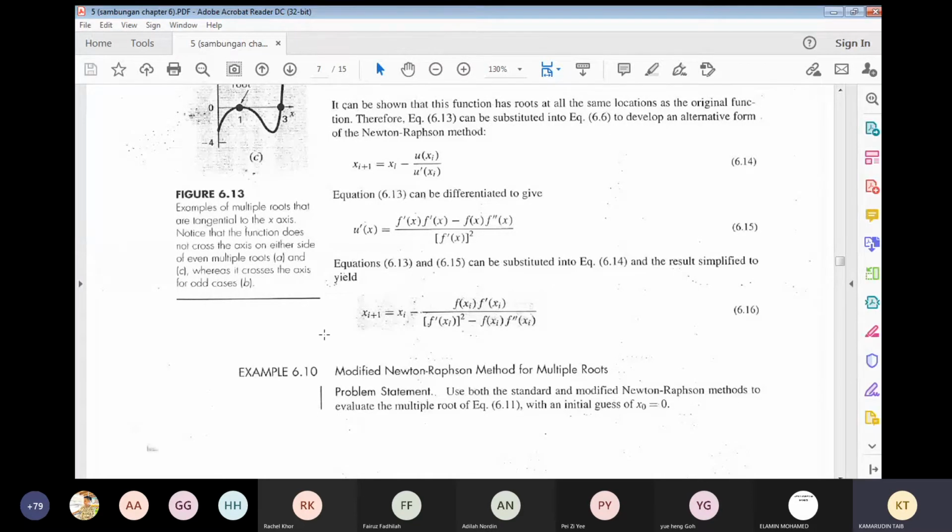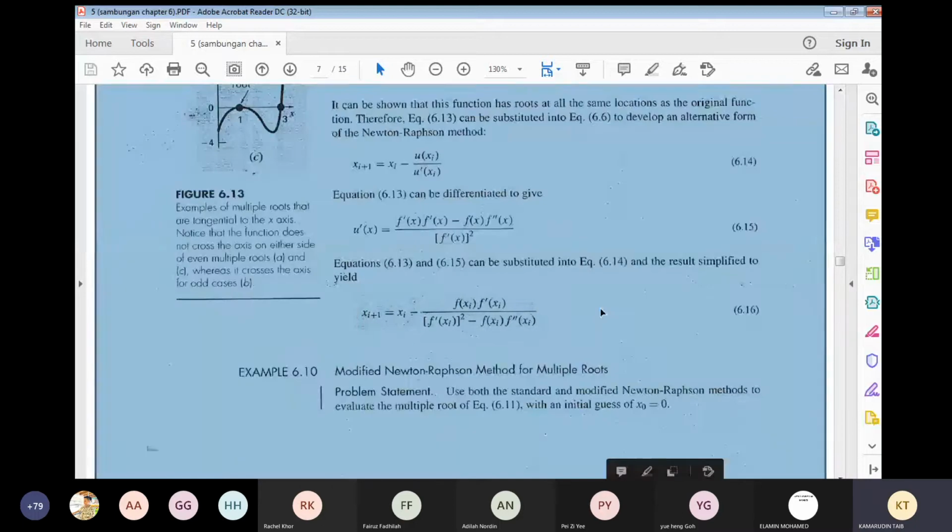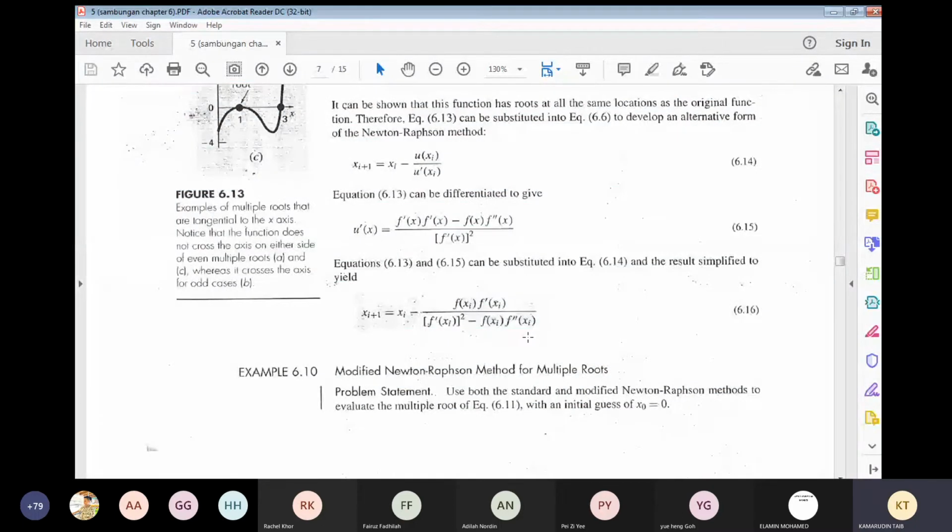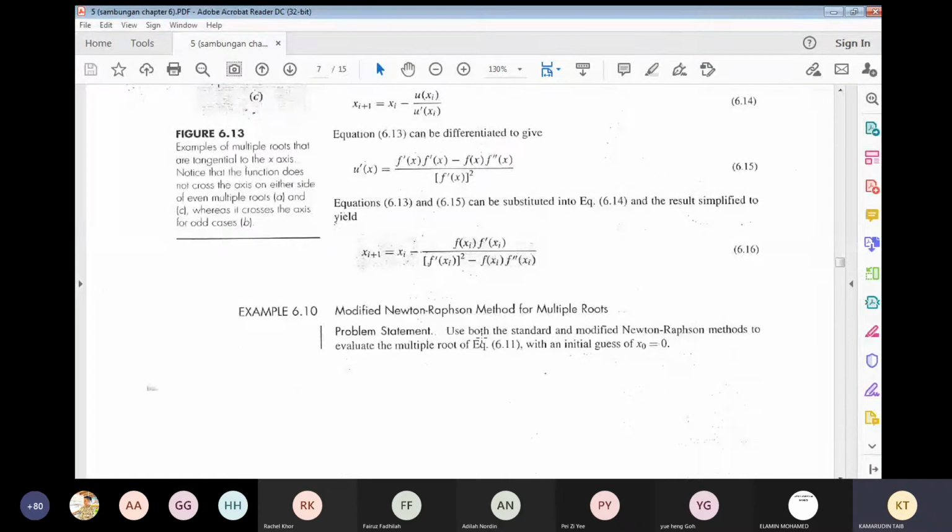So this is the Newton-Raphson equation for multiple roots. The difference from the previous Newton-Raphson is the function f double prime. In the previous Newton-Raphson, we don't have any f double prime in the equation, only f prime, but now we have f double prime.